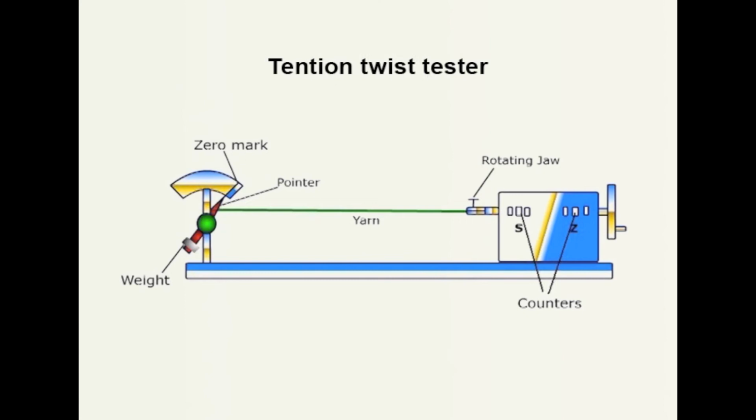Once the twist is removed, the pointer would move on the scale to identify the amount of length that has expanded, and when the twist is inserted again, it has to come back to its 0 position.